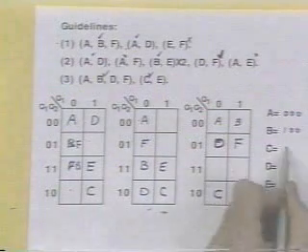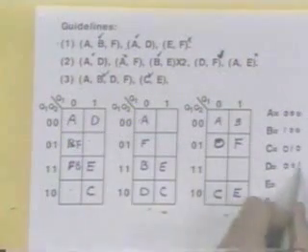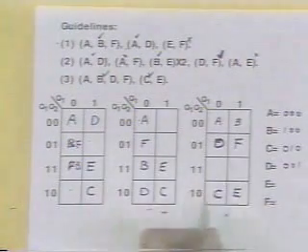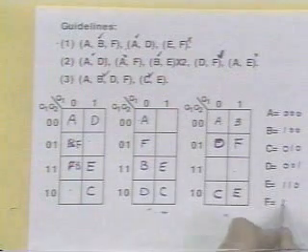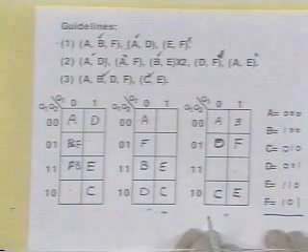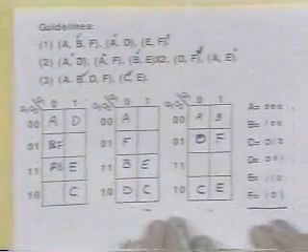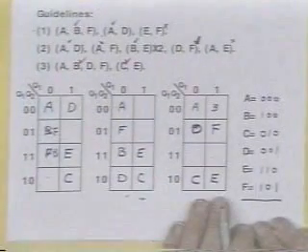C is 0, 1, 0. D is 0, 0, 1. E is 1, 1, 0. F is 1, 0, 1. So I could either use the Carnot maps and derive the flip-flop input equations, or I could use the Logic Aid program.